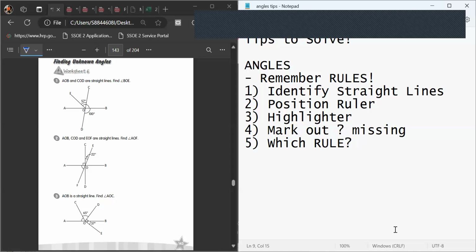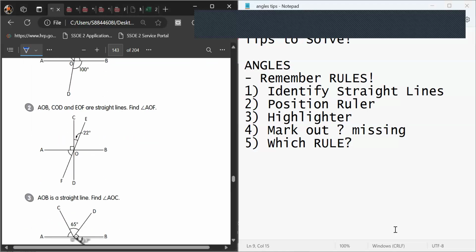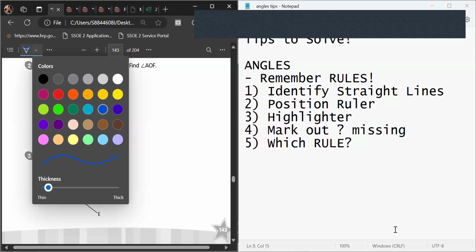This is page 143. We are only going to look at one question, that's all.